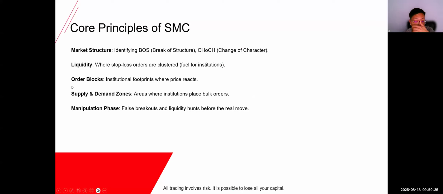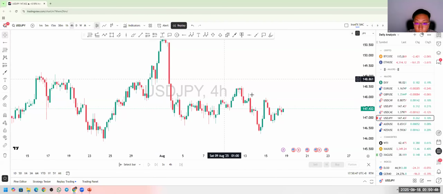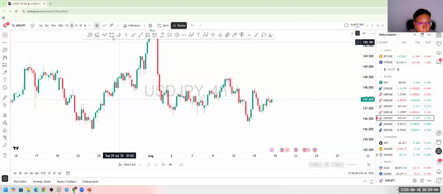Then the next thing is order blocks. Order blocks is basically the last downward movement if you're looking for buys.